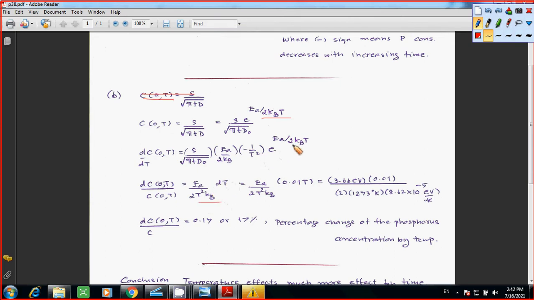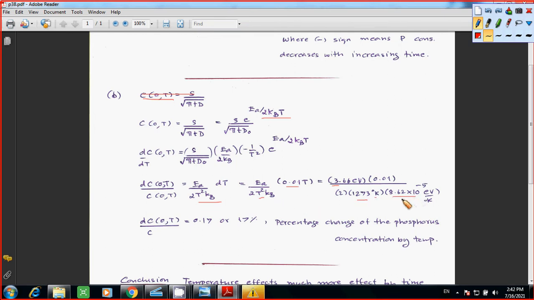And for the temperature change of 1%, that turns out to be 0.01 T. And just plug in the numbers: EA, 3.66 electron volt. The temperature, 1,000 degrees Celsius, gives you 1,273 absolute temperature, or Kelvin.